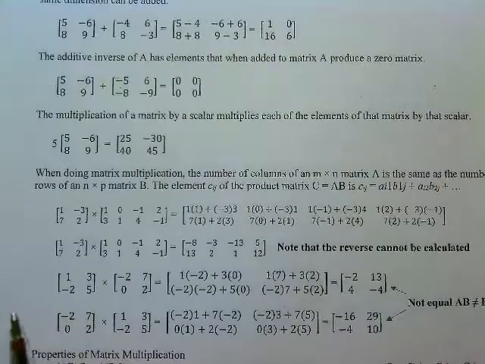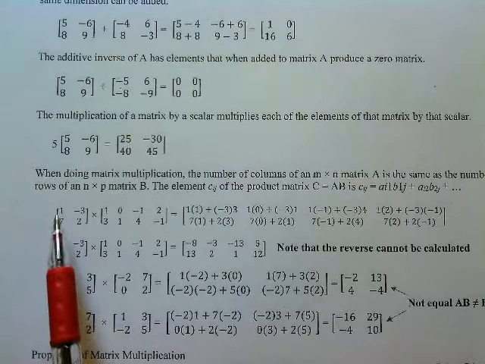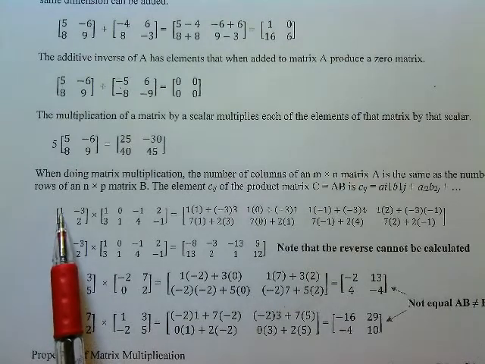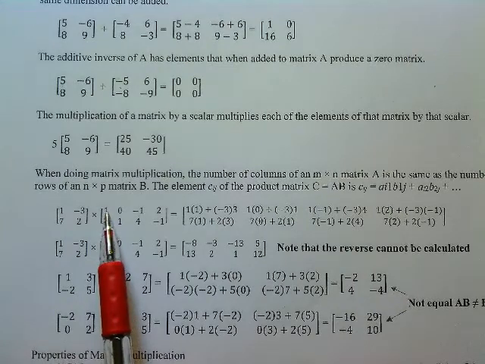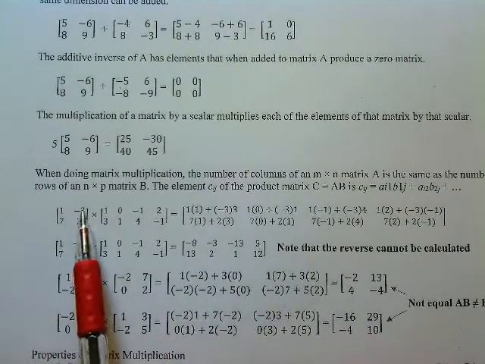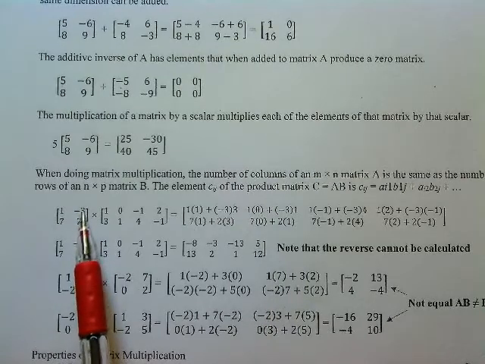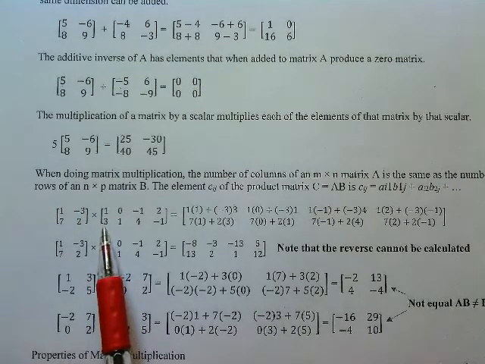And so the way the multiplication goes is you first take the element here, A11, times the element here, A11, and that's what you see here. And then in the first matrix you move across, so now we're going to take element A12, but that's going to be multiplied by A21.